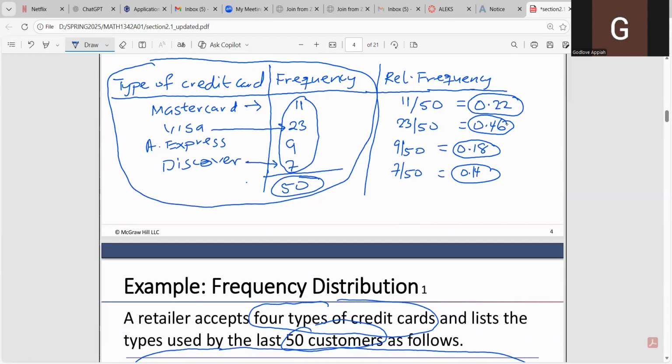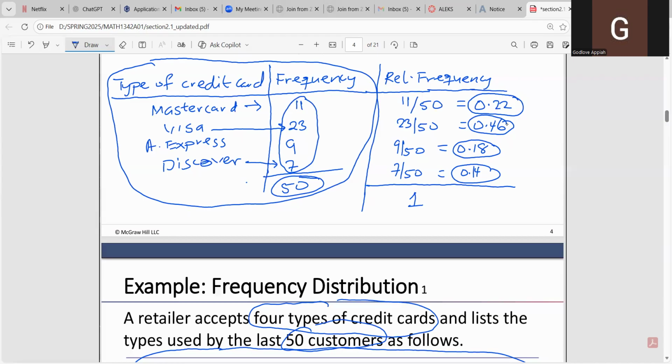All right, sometimes we prefer to have these numbers over the frequencies. And also, one way you can check to determine if you have the right numbers is to always ensure that the sum of all relative frequencies is exactly equal to 1. So whenever you construct a relative frequency distribution, you want to make sure that the sum of all the relative frequencies is equal to 1 or very, very close to 1.